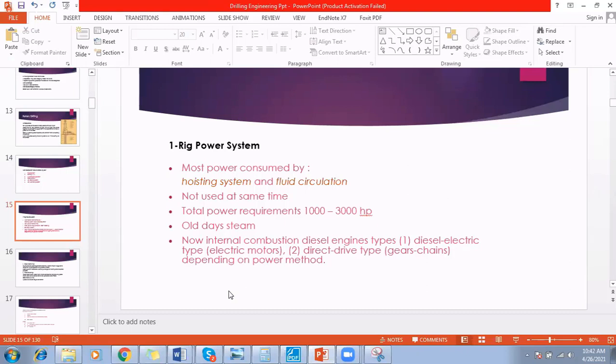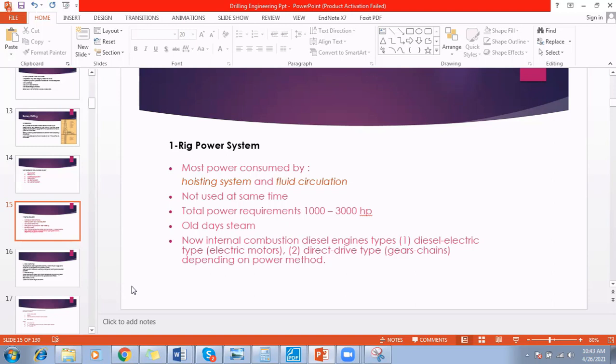Steam is another type, and it is discussed as a means to power the drilling rig, but it was done in older times and is not applicable in the current scenario.